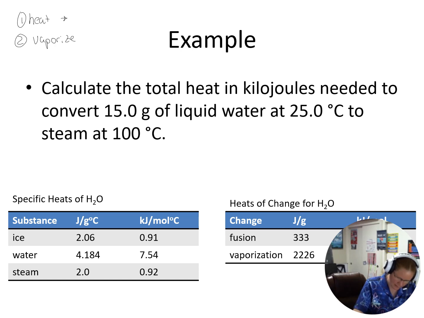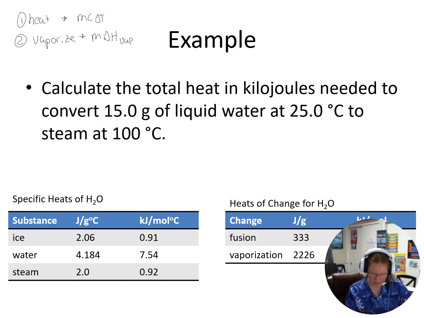Heating is a change in temperature, vaporizing is a change of state, and we're going to use that delta H of vaporization. Try it before moving on to the next one. And notice, it does say the final answer needs to be in kilojoules.